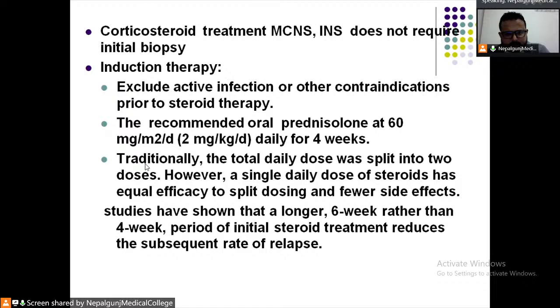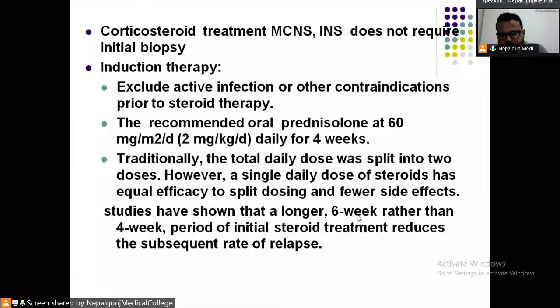Traditionally the total daily dose was split into 2 doses. However, a single daily dose of steroid has equal efficacy to split dosing and fewer side effects. So you can give this drug either in divided doses, 30 milligram in the morning and 30 milligram in the evening, or you can give a single dose.